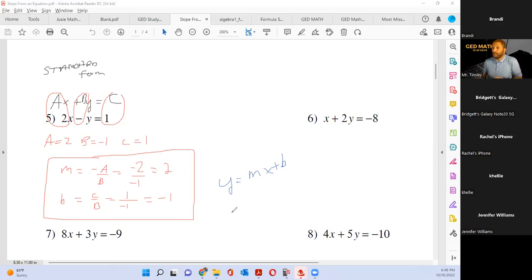What's m? 2. Okay, yeah. y equals 2x plus -1. So all you're doing is taking that 2, putting it right there, taking that -1, putting it right there. Practice till you've got it down like the back of your hand. Standard form and slope-intercept form.